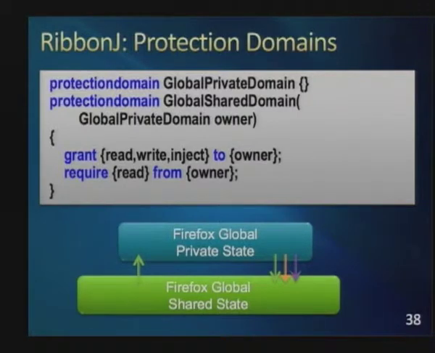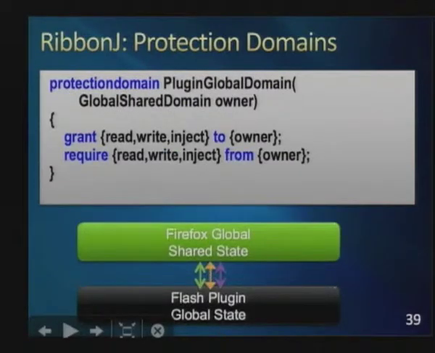So that's why we couldn't reference that plugin domain yet here in this declaration. But instead, we just grant privileges. Once the domain is created, then it says, okay, grant privileges to this browser shared state onto myself. And that's why both grant and require statements have to be in the language.